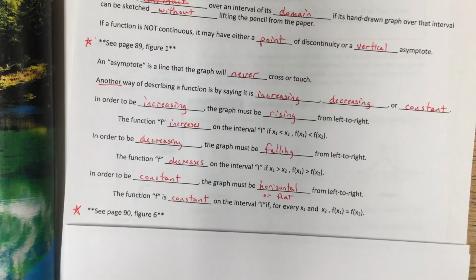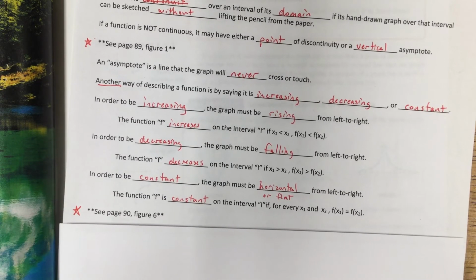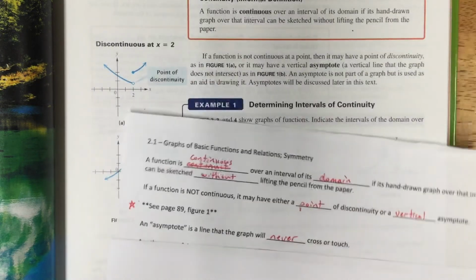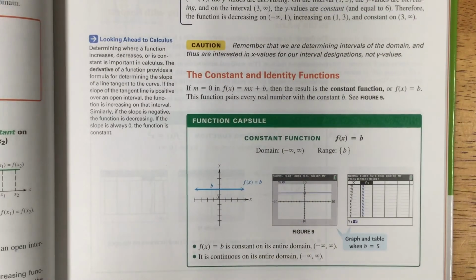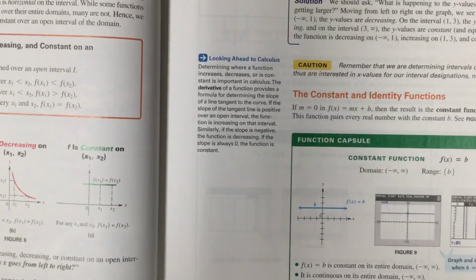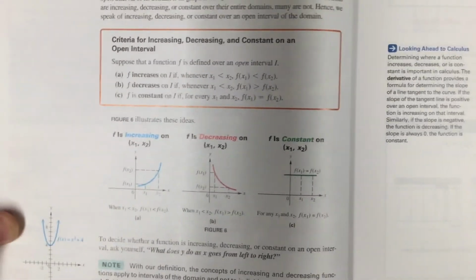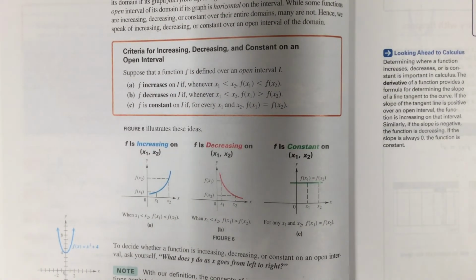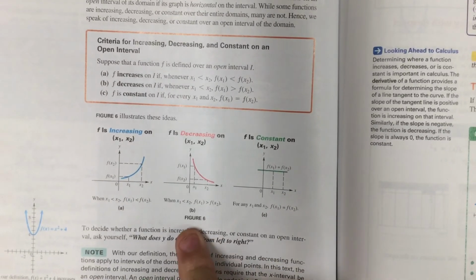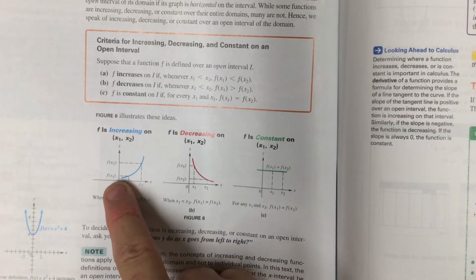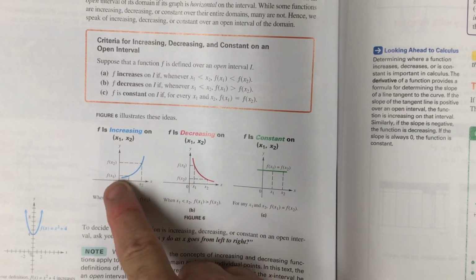So the notes say, see page 90, figure number 6. Those of you who don't have textbooks, here is page 90, figure 6. Here, your function is increasing.